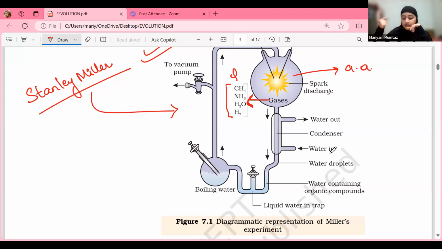Now, the theory of panspermia, you remember? The spores one. This theory was known as cosmozoic theory, the fourth theory. Cosmozoic theory. In this particular theory, some scientists believe that life came on Earth from other planets or other stars.